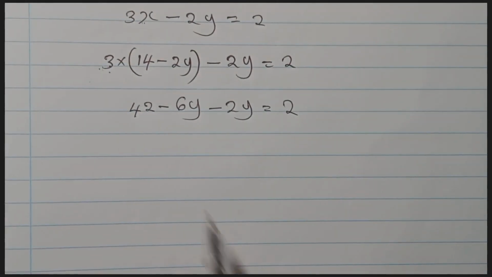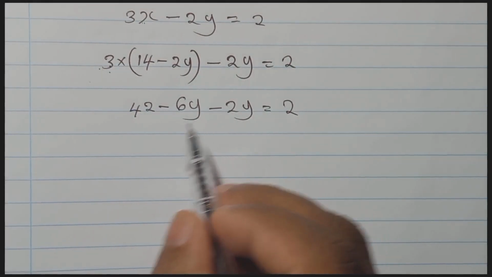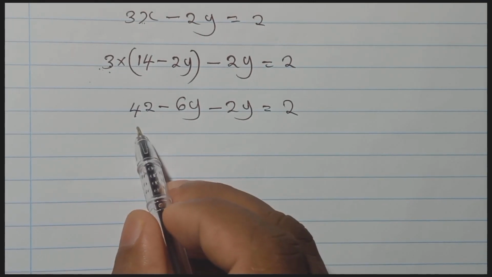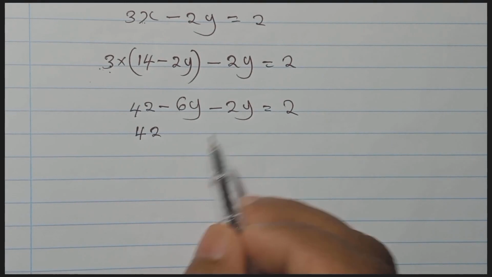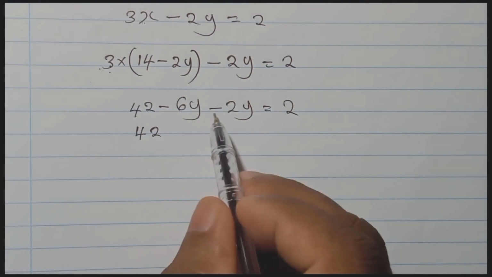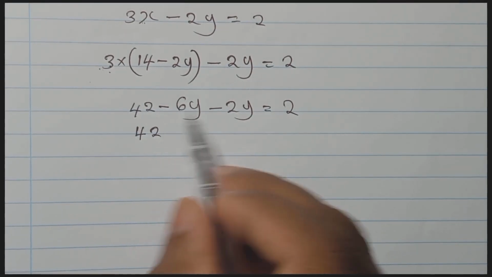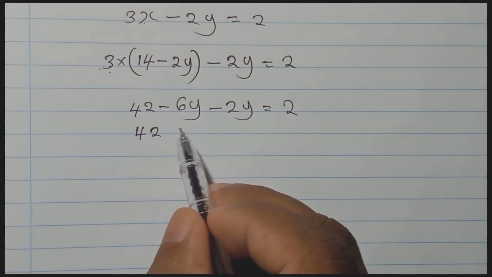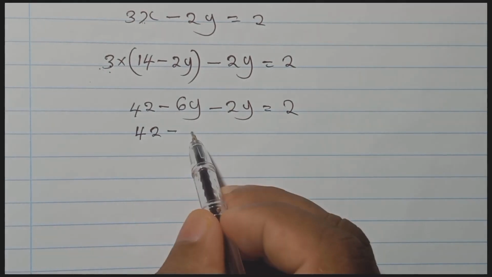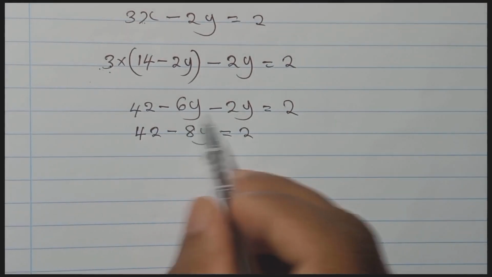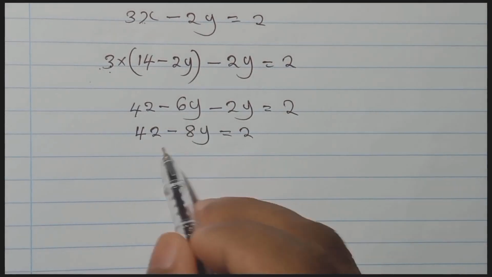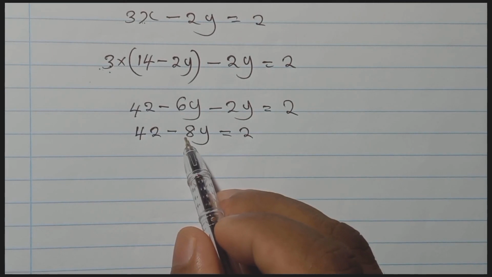Then what do we need to do? How to simplify this? Here 42, okay, you can do this in one step. Minus 6y minus 2y means what? When you have the same sign, what do we do? We don't multiply or divide. When we have the same sign, put the same sign and get the sum. Minus 8y.